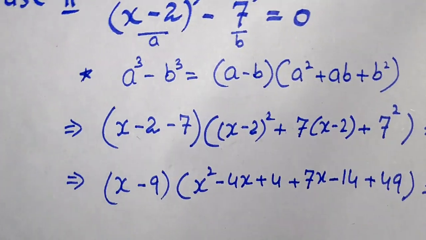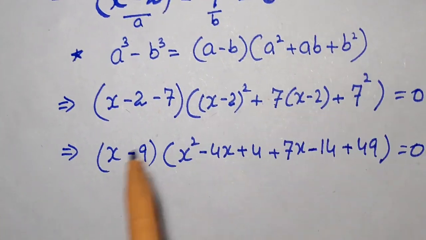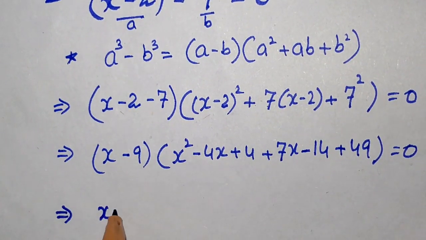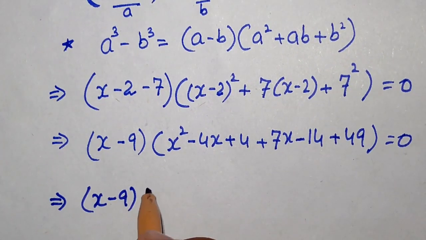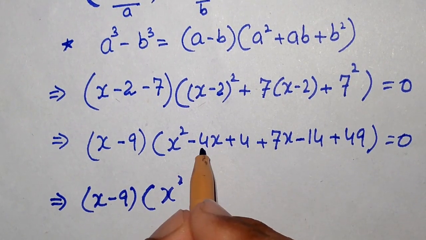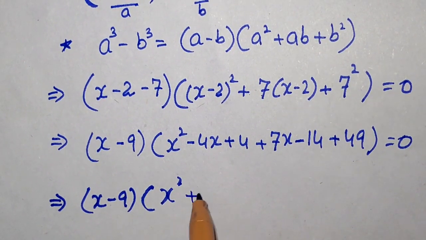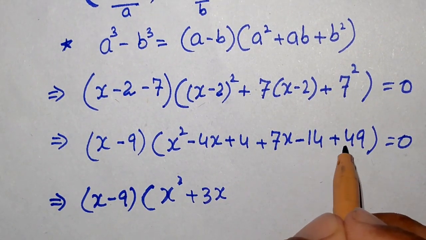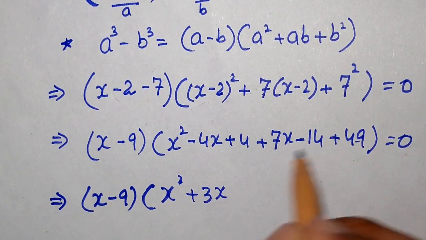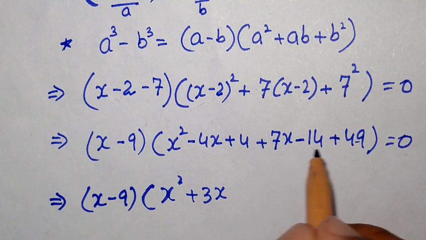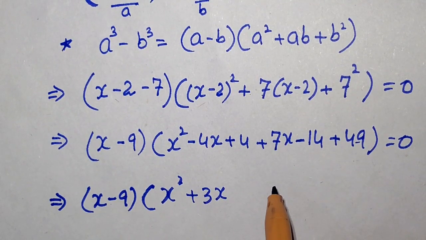Now in the next step, x minus 9 times x square minus 4x plus 7x, so this is equal to plus 3x. 49 minus 14 plus 4, this is equal to 53. 53 minus 14, this is equal to 39.